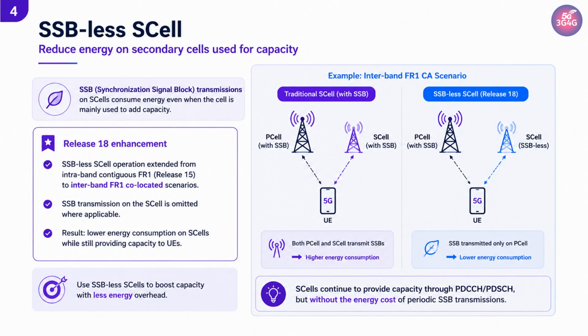By omitting SSB transmission on the SCell where applicable, the network can reduce the energy overhead of the secondary cell. The SCell can still provide capacity through downlink and uplink channels, but without the same cost of periodic SSB transmission. So the key message is: use the secondary cell when extra capacity is needed, but reduce its always-on signaling burden when possible.